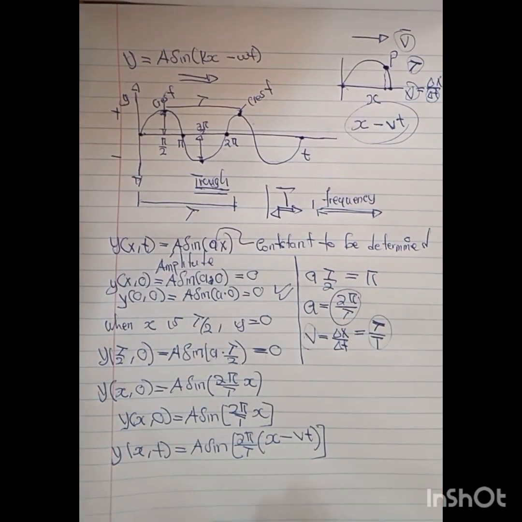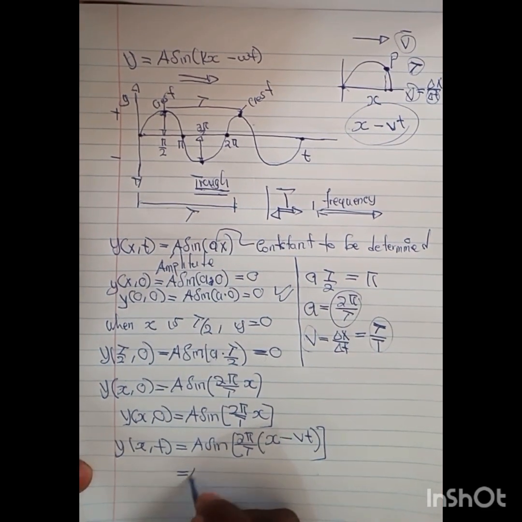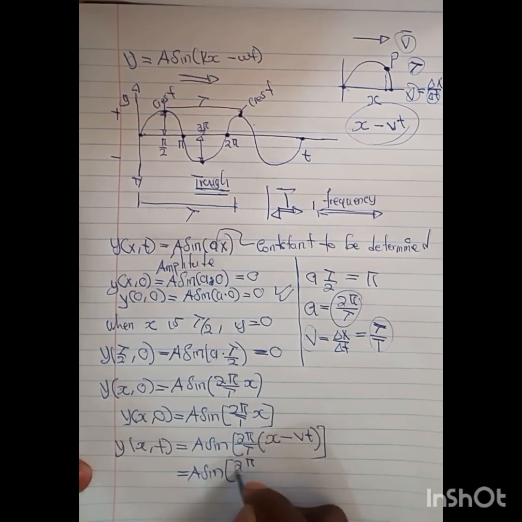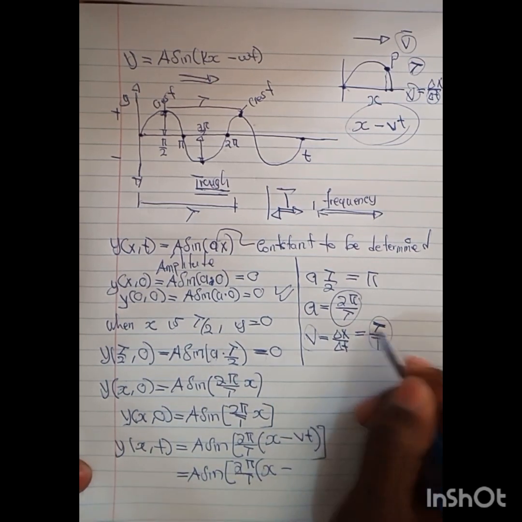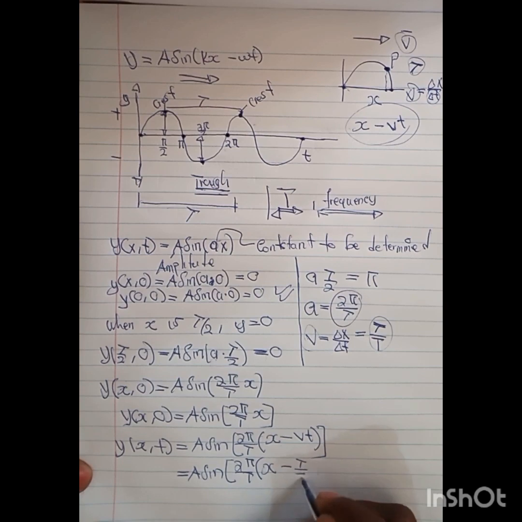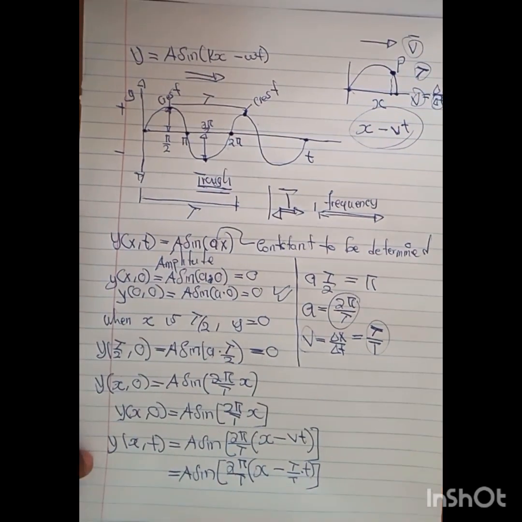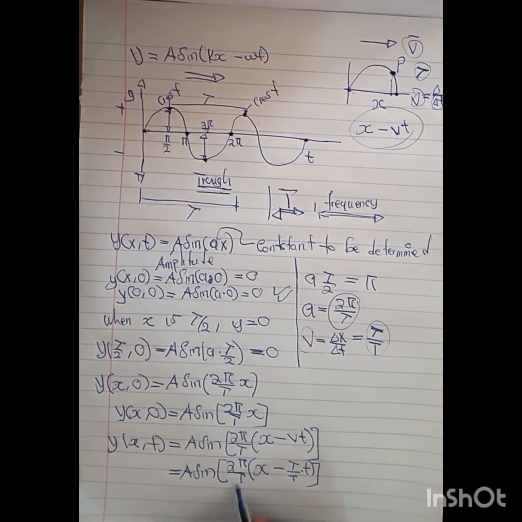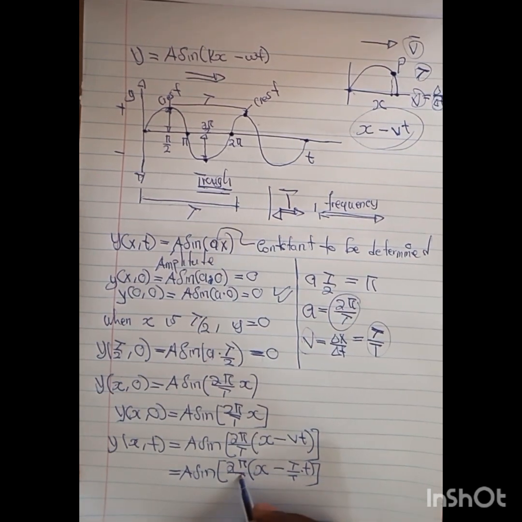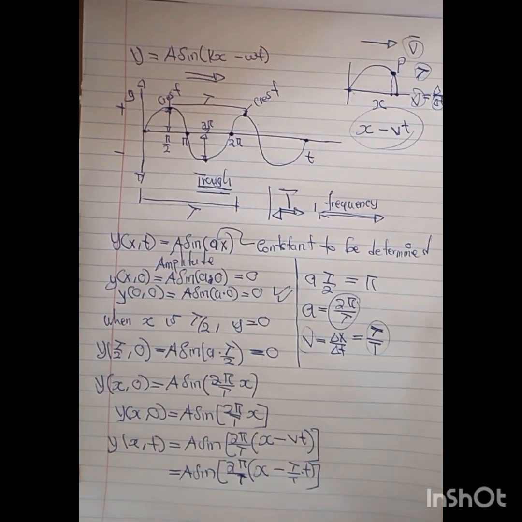All right, so let us now plug it in. Now we have a sine of 2 pi over lambda times x minus, then in space of v, we're going to have lambda over T, multiplied by t. And then you can simply multiply the lambda inside. So if we multiply the lambda inside, this is what we are going to have.